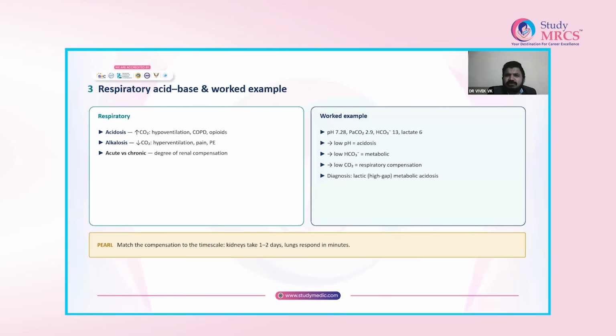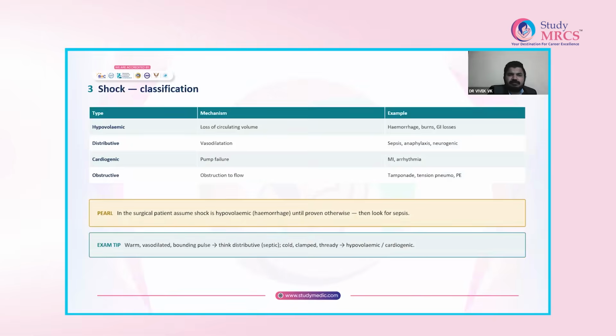Here the lactate is also 6. So what is the diagnosis? The high anion gap, the lactate, the high anion gap metabolic acidosis. So always remember that the kidneys will compensate. Kidneys will take 1 to 2 days, and the lungs will respond in minutes.